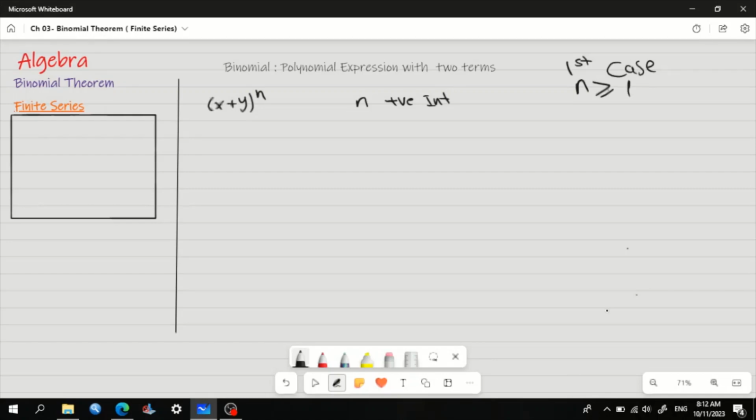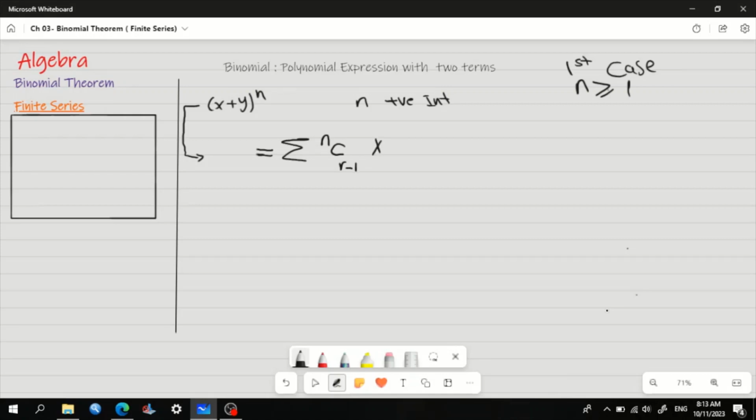Okay, if I need to generalize my binomial expansion, this will be equal to the sum of n combination r minus 1.